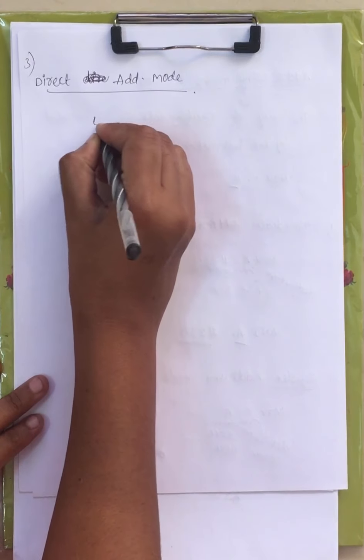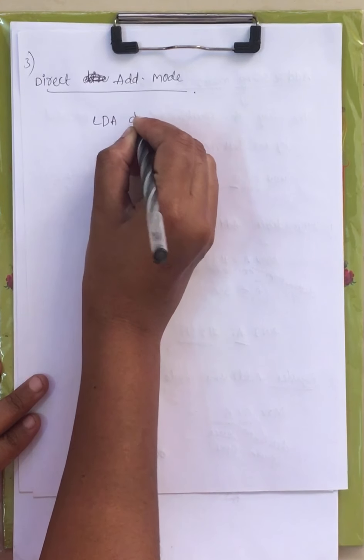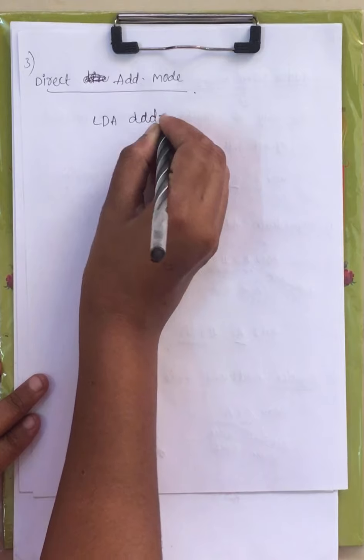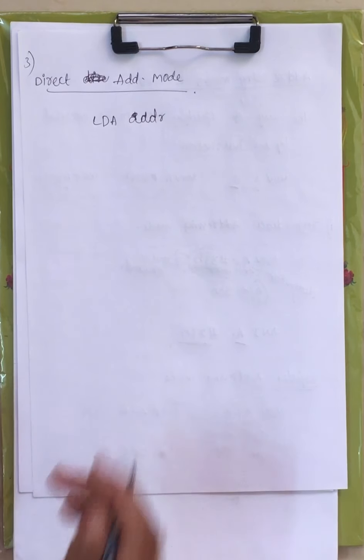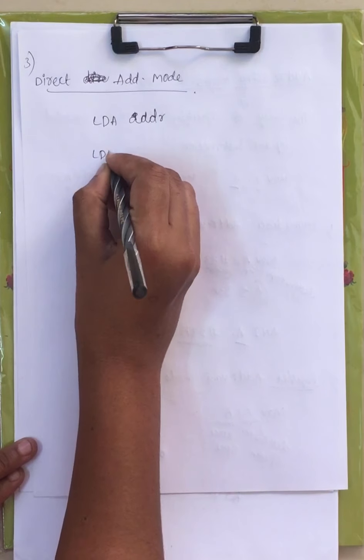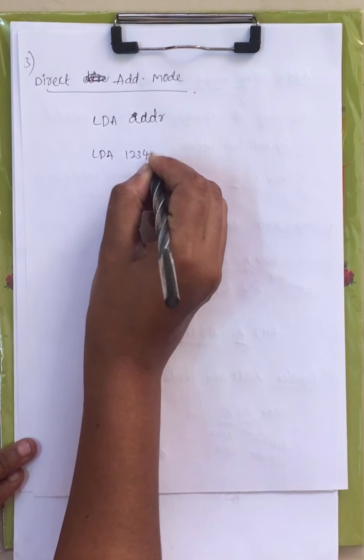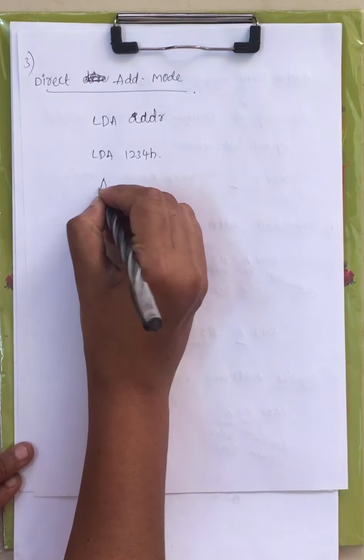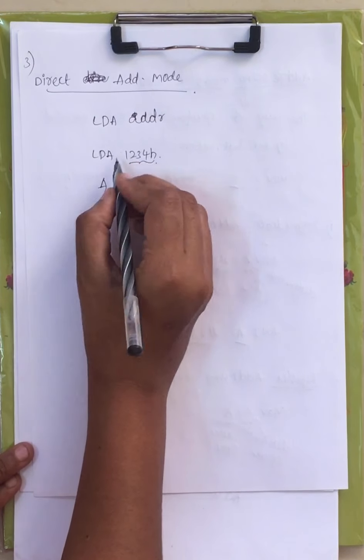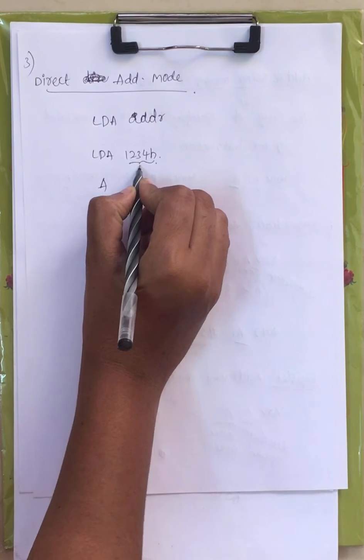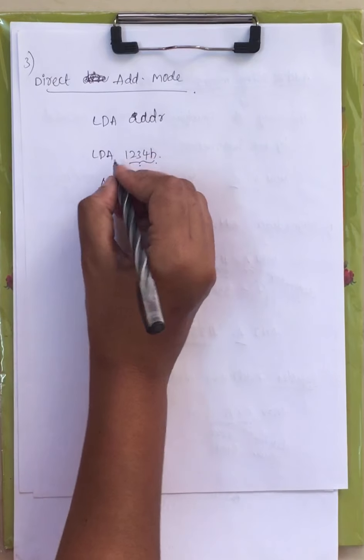We have LDA address. What is the meaning of this instruction? Let us take LDA 1234H. The source operand is a memory location and the destination is the accumulator.